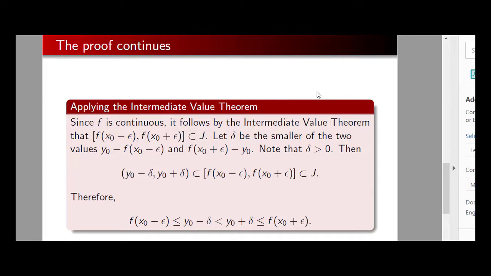Now, since f is continuous, it follows by the intermediate value theorem that this closed interval from f of x naught minus epsilon to f of x naught plus epsilon is contained in J, which is that every point between these two points will stay in that interval, in that set J. All right, so let's look at the picture there just to see what I'm talking about.